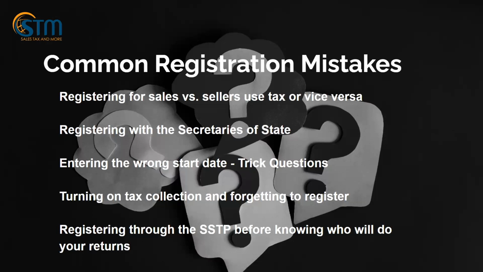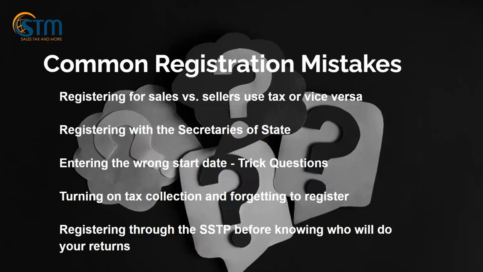Entering the wrong start date. And I'm not talking about whether you're choosing a prospective or historic registration here. There's a trick question. The states ask you, when did you start doing business in the state? And a lot of people say, well, I've been selling in the state for 4 years now.